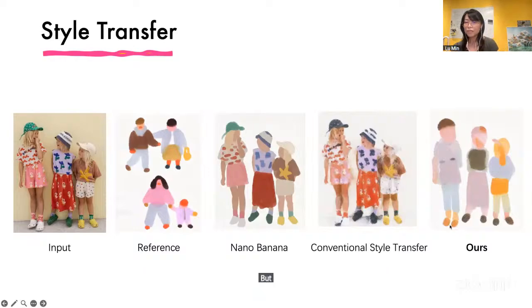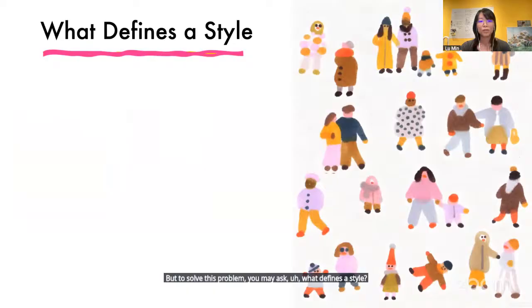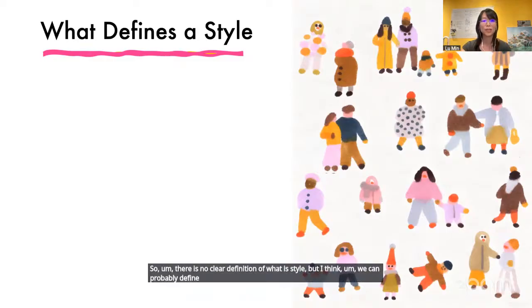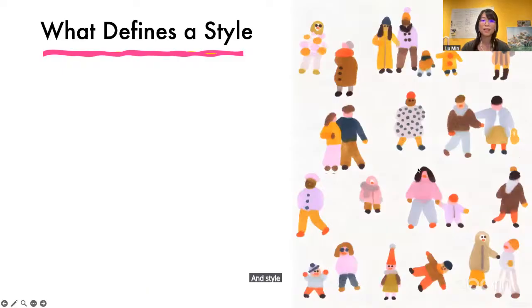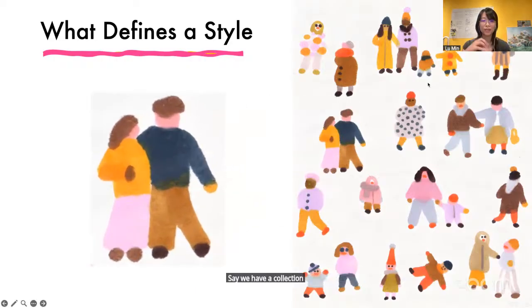But to solve this problem, you may ask, what defines a style? There is no clear definition of what a style is, but I think we can probably define a style by looking at a set of examples. And style may be something that is commonly shared among examples. Say we have a collection of these elements representing the same style, and we take one example out.